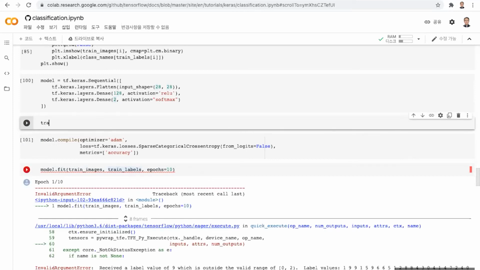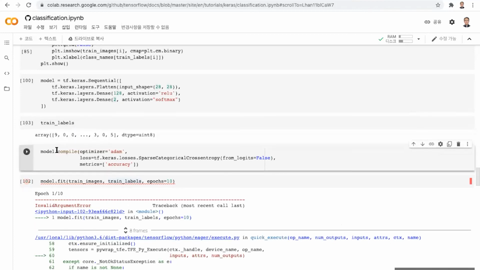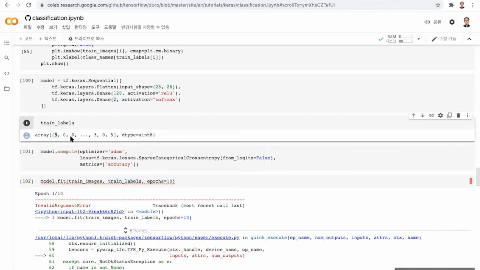So remember that train labels are 10 different numbers. So maybe I can change it to 2 different numbers just for explanation.